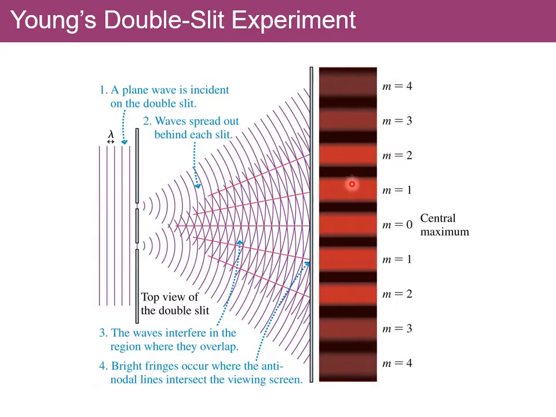Note the difference in brightness as we move away from the bright central maximum. To understand this, we will need to also include the diffraction pattern associated with the slits. But for now, it suffices to understand the origins of the bright and dark fringes, which we will examine now.